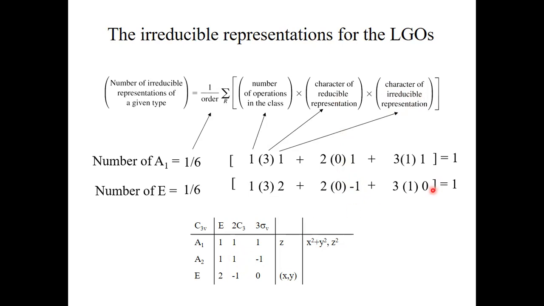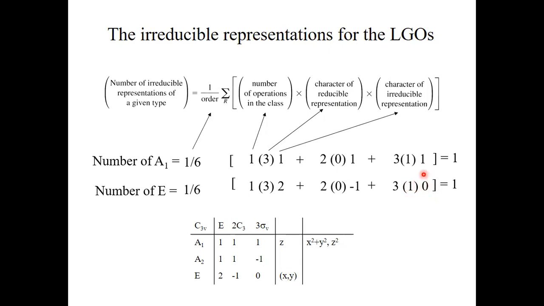Okay, last but not least, we need the character for the sigma V operations also. Now the number of operations in the class is again 3, because we have 3 sigma V operations. Secondly, the character of the reducible representation is 1. That is because 2 orbitals get swapped and 1 stays.